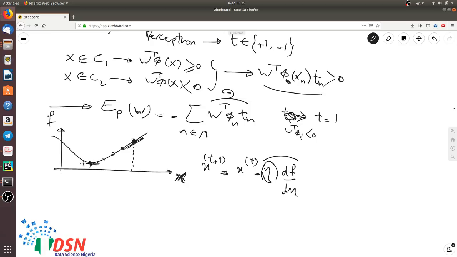In here the derivative is 0, so x of t plus 1 is equal to x of t, and we get to the minimum. So we call this the gradient descent method, and this could be generalized for multiple input dimensions.